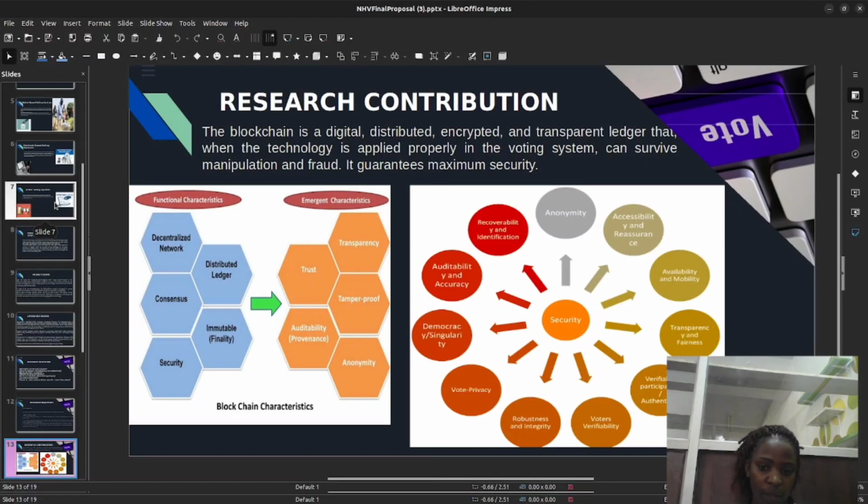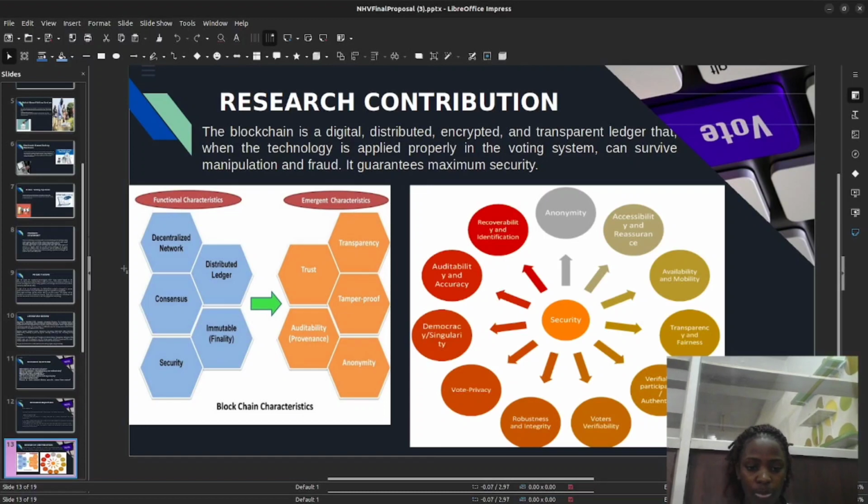From the images that we have provided, we state the functional characteristics that include decentralized network, consensus, and security. And then emergent characteristics, we have the trust from the voters, auditability, anonymity, and transparency. Yeah, and since security is our major concern, we break it down to see how blockchain is addressing security.